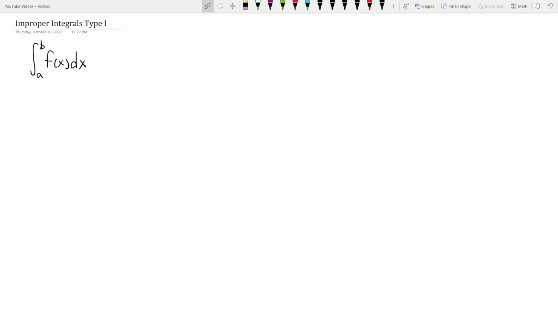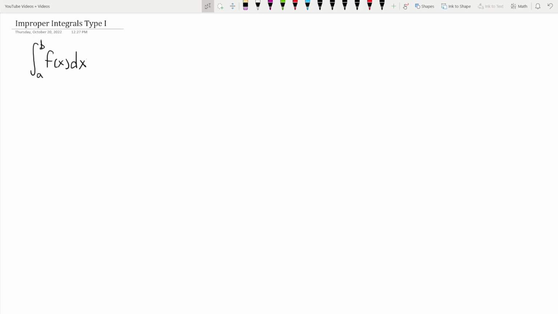evaluate the definite integral. Now what I'm going to do in this video is begin to extend that concept to integrals that either have an infinite discontinuity, either at one of the endpoints of integration or somewhere between, and for functions that we want to integrate over an interval that is not finite.